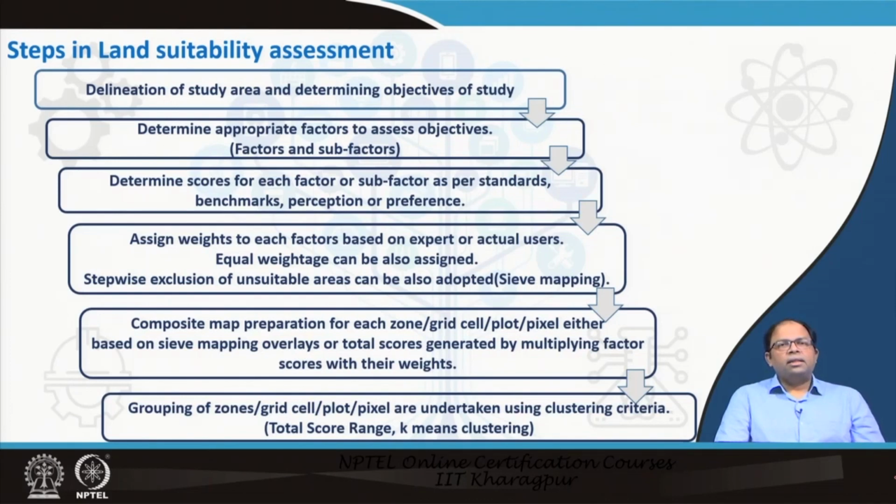Then after we have done that, we need to also determine scores for each of these factors and sub factors as per standards, benchmarks, perceptions or preferences. Now, why so many things?